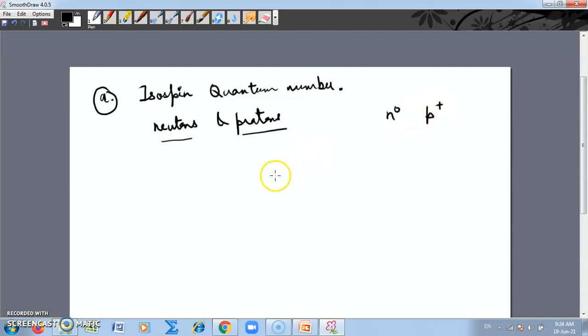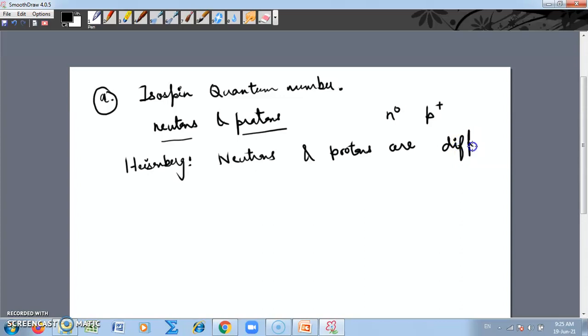So Heisenberg came up with the idea that neutrons and protons are different manifestations of the same particle.